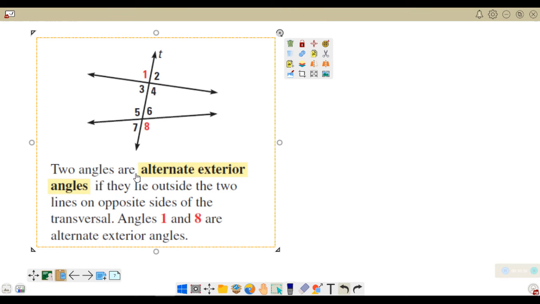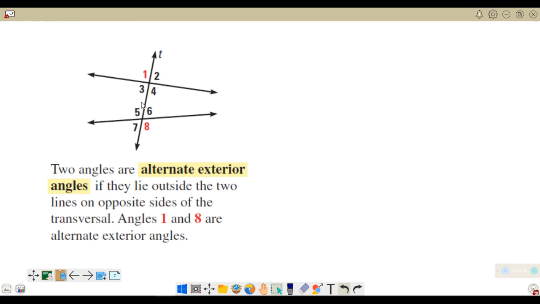So, these are two angles or alternate exterior angles if they lie outside the two lines on opposite sides of the transversal. Ang nasa labas niya ay 1, 2, at saka 7 and 8.